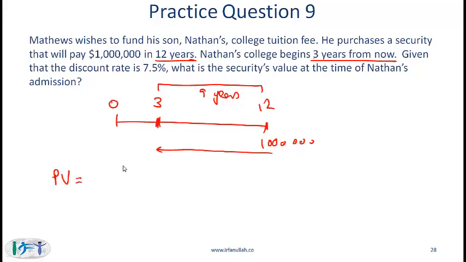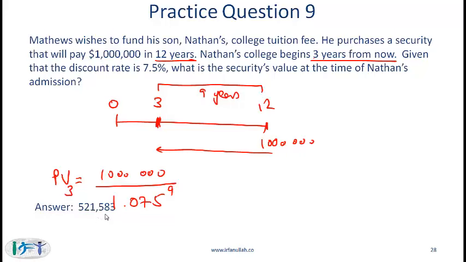The present value at the end of year 3 over here is equal to 1 million divided by 1.075 to the power of 9. And the answer that should give you is 521,583. On the calculator, you simply plug in n is equal to 9.